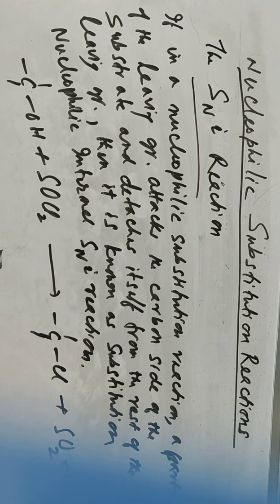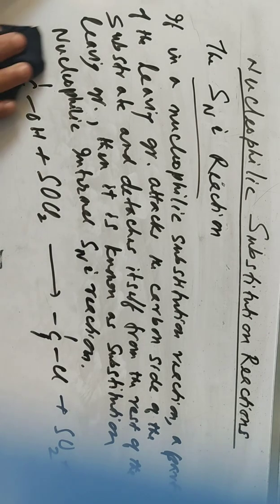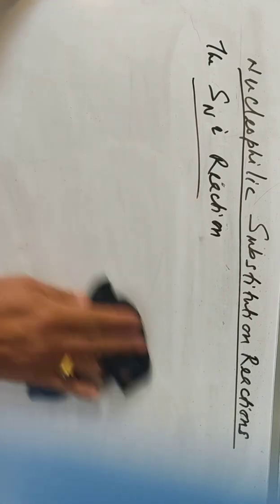So this is one of the best reactions. Here alcohols react in the presence of thionyl chloride, the OH group is substituted by chloride, and we get sulfur dioxide and hydrogen chloride. So we can have the mechanism of the SNi reaction, which takes place in 3 steps.